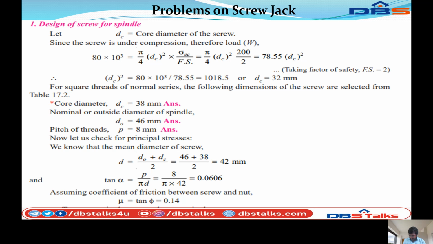So core diameter dc is equal to 38 and the nominal or outside diameter of the spindle d0 is equal to 46. Next, pitch of the thread P is equal to 8 mm.